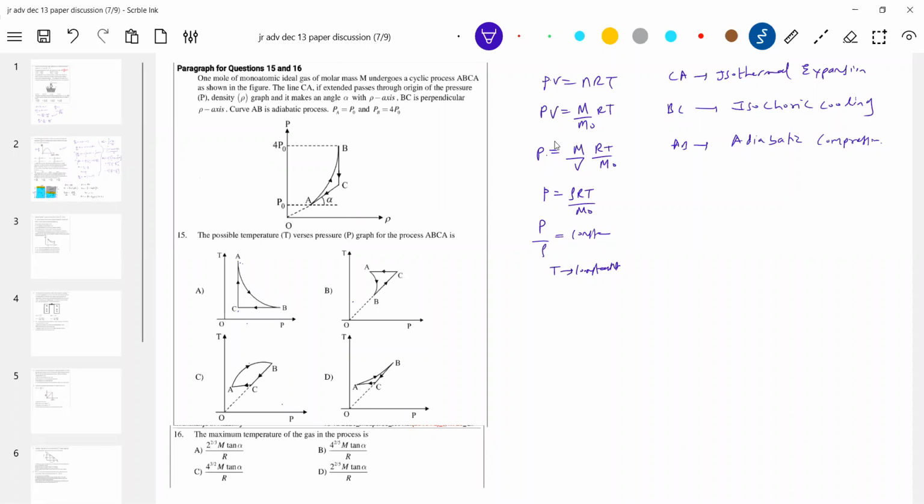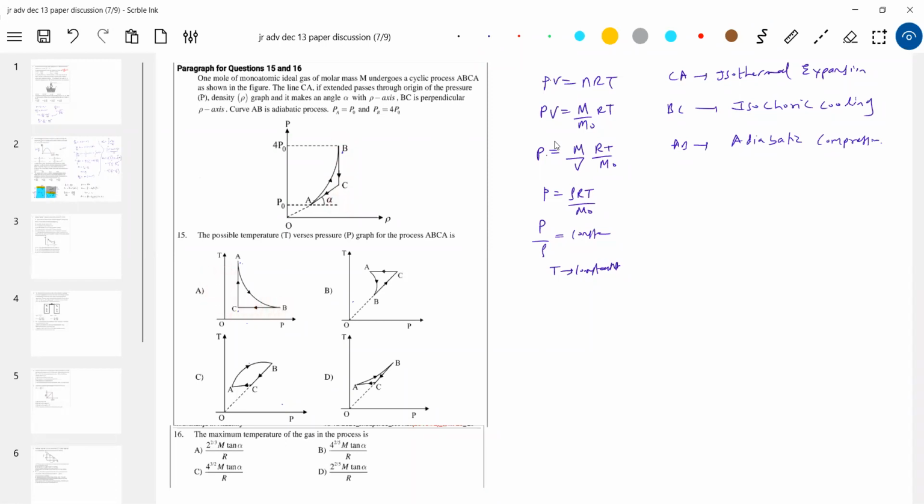Can you remember we had, for the adiabatic process, I showed different graphs? Leave the adiabatic process a little bit. First we'll take help of BC. At least BC, you look at. Isochoric cooling, BC.